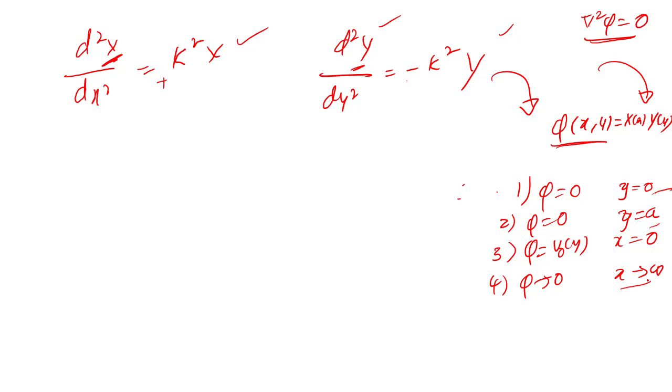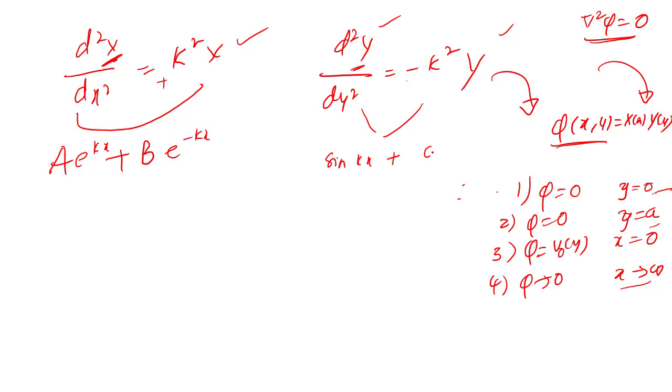In general, the solutions for this are e to the power kx or e to the power minus kx. So we can write a general solution as a linear combination of e to the power kx and e to the power minus kx. Similarly, for this, we have seen that the solutions are sine ky and cosine ky.